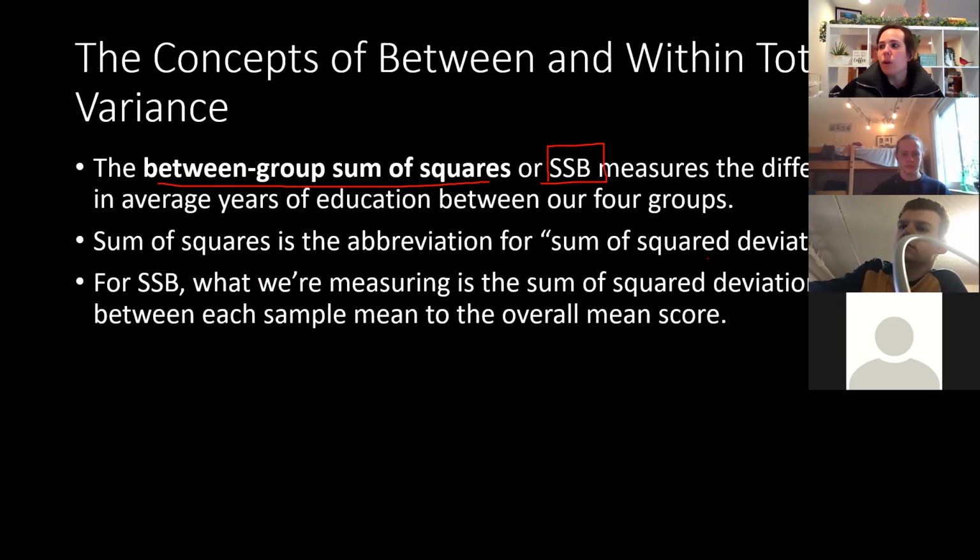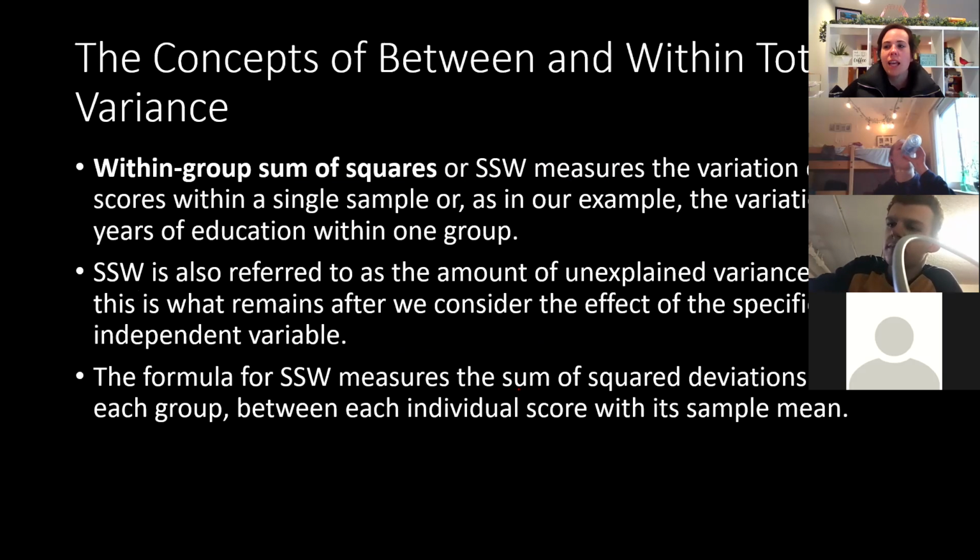Sum of squares is the abbreviation of sum of squared deviations. And for SSB, what we're measuring is the sum of squared deviations between each sample mean and the overall mean score. Now the within group sums of squares, labeled SSW, sum of squares within, measures the variation of scores within a single sample, or as in our example, the variation in years of education within one group.